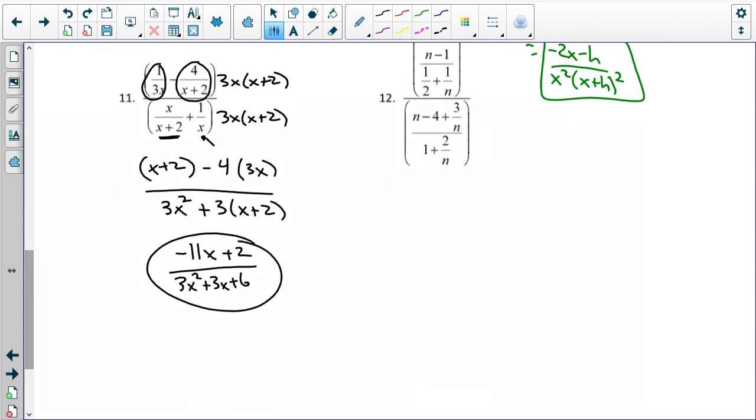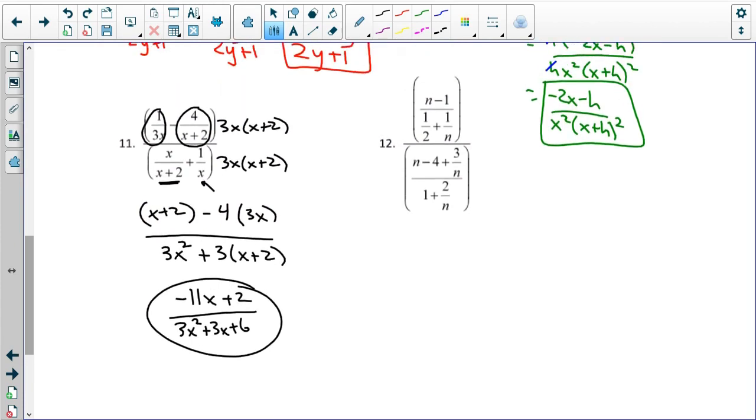Number 12. If I look at the common denominator of the denominators, it ends up being 2n. So I'm going to end up multiplying everything here by 2n. Actually, in this case, I'm going to have to multiply everything by 2n over 2n because there are fractions in lots of different spots.